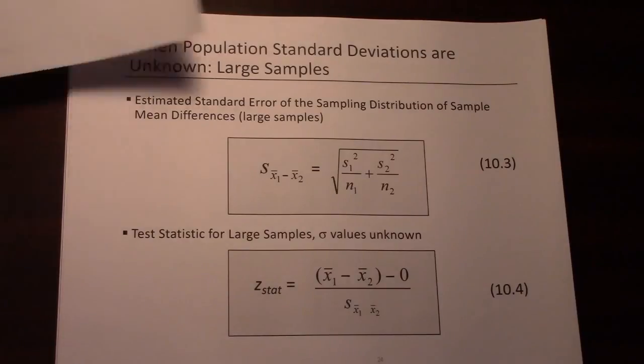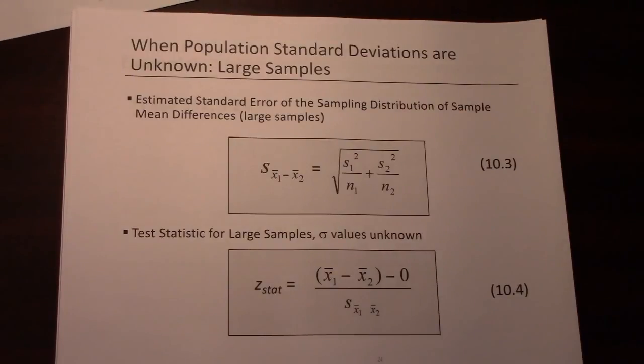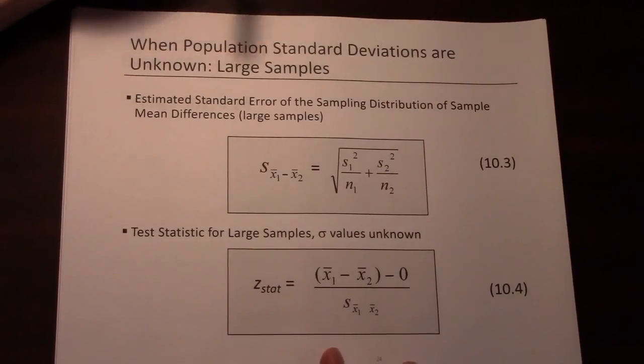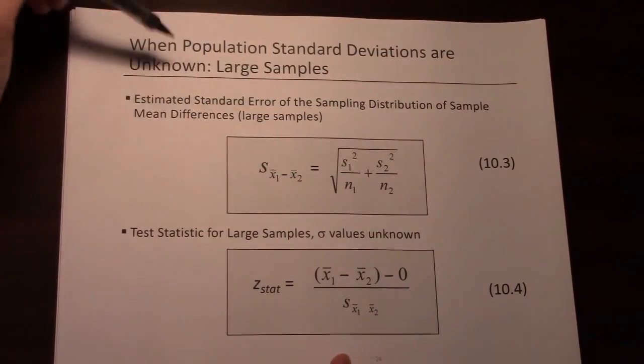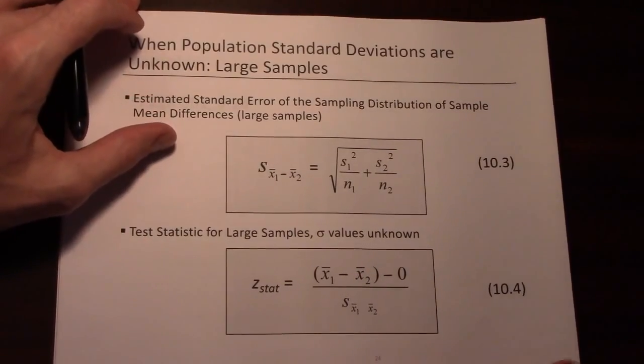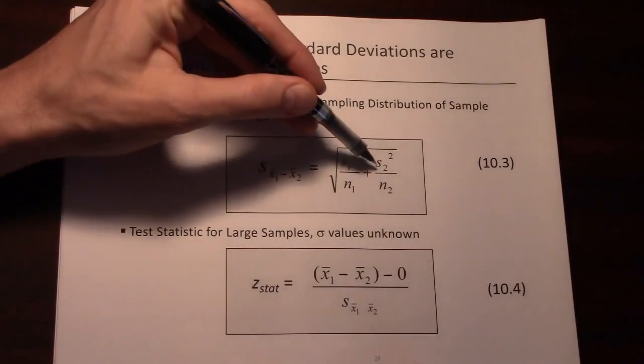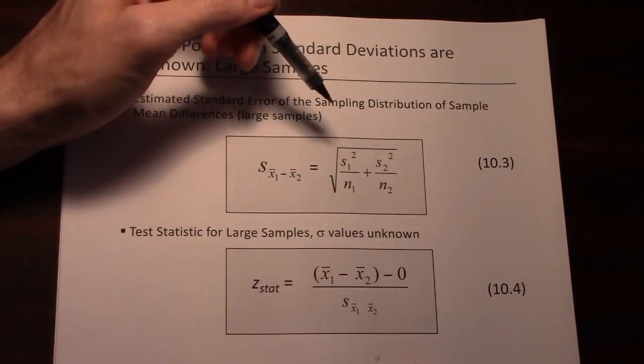Now, since we do not necessarily have the population standard deviation all the time, when population standard deviations are unknown, we theoretically do two things. One, we substitute in the sample standard deviation.